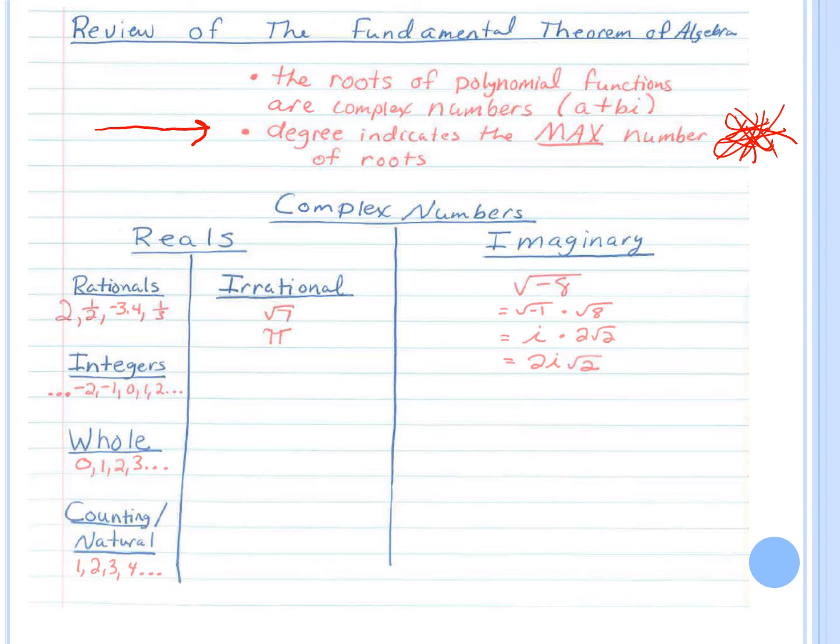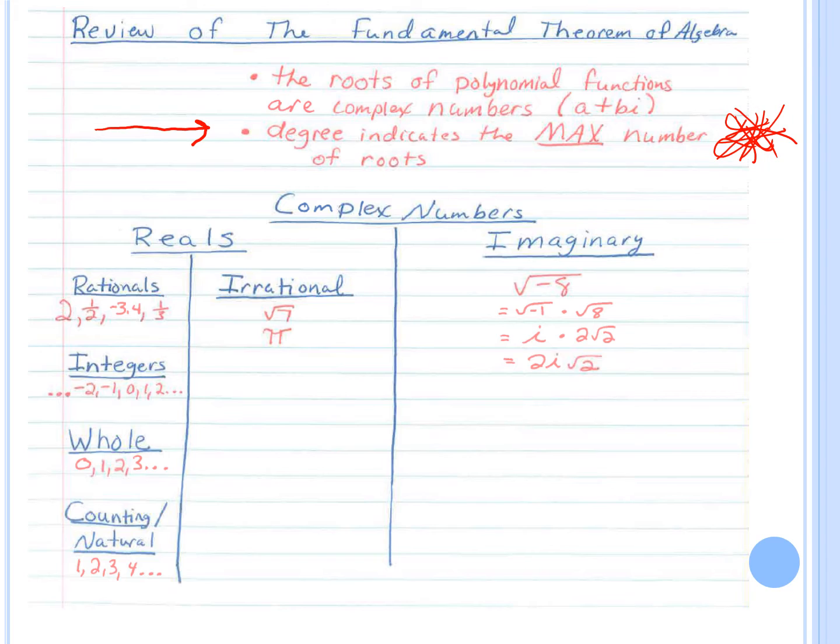Then within the integers, we break that down into another subset of whole numbers. Your whole numbers are numbers that start with 0. There is no decimal, and they're strictly positive. And then lastly, the whole numbers break down into the counting or natural numbers. I've heard it referred to as both counting or natural. When we start counting, we don't go 0, 1, 2.